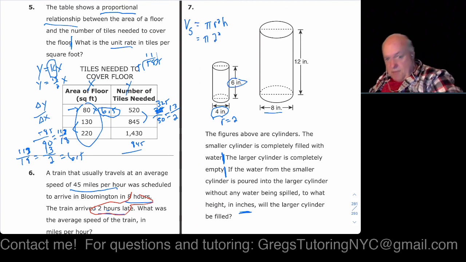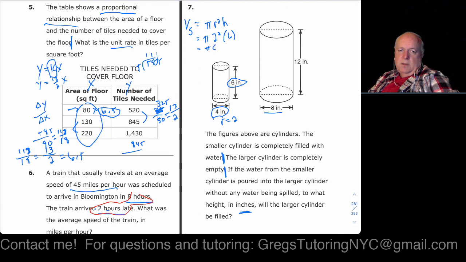Don't do 0.5 for half of a foot; everything is in inches, so we don't need to do anything else with that. So that's times 6, and we get pi times 4 times 6, which gives us 24 pi. The volume of the small cylinder is 24 pi.